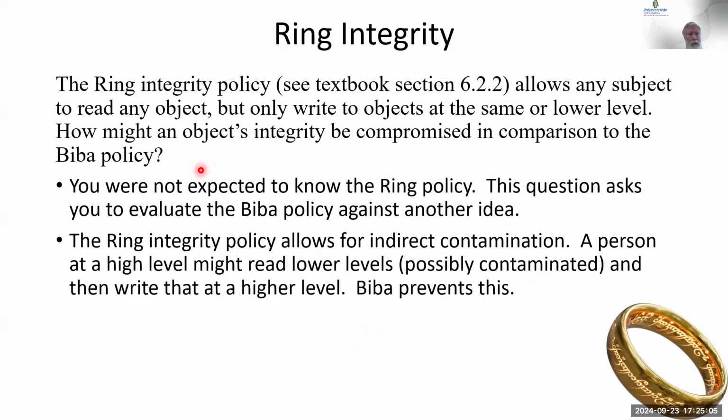This question, the real answer is no. The ring integrity model provides what we call indirect contamination. Somebody at a high level can read contaminated information from a lower level and then write it at a higher level, which contaminates the higher level information. So if you want to keep integrity, you have to use Biba, not the ring.